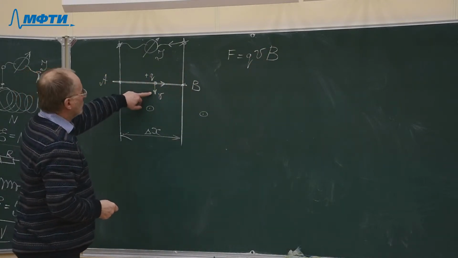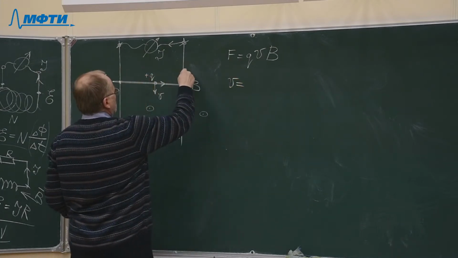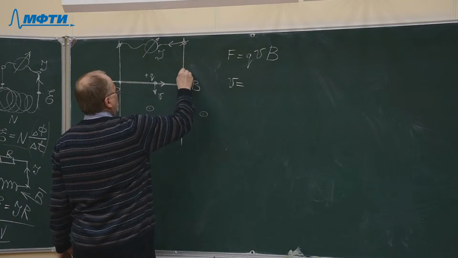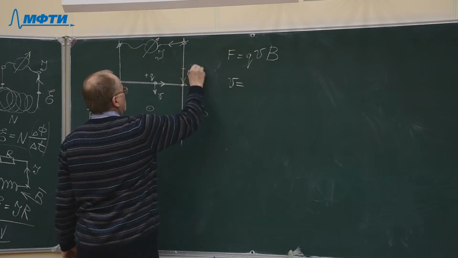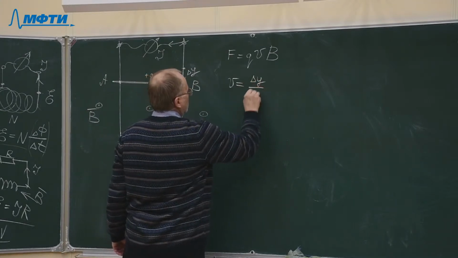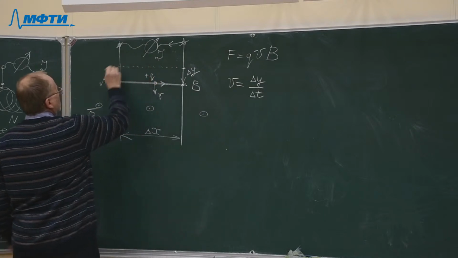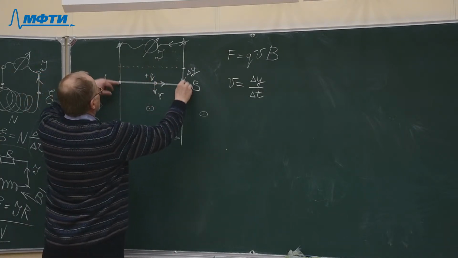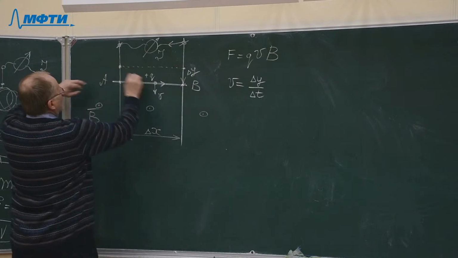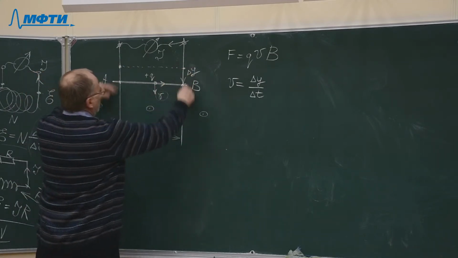And the velocity is always some displacement delta y divided by the time delta t during which this displacement occurred. So the bar AB was in this initial position, and then it moved downward with velocity v.